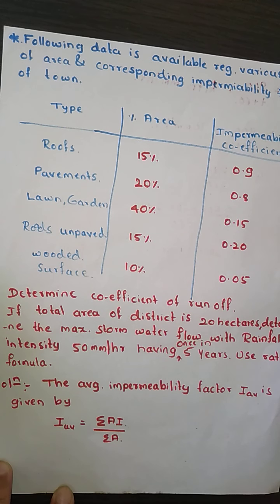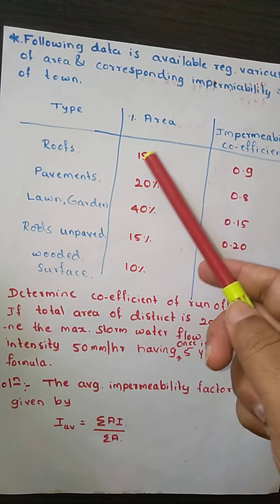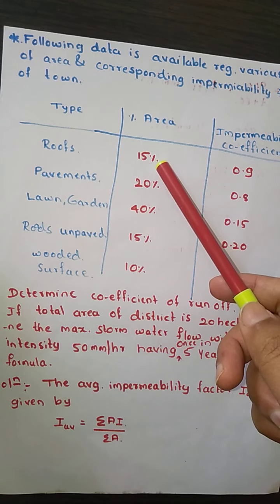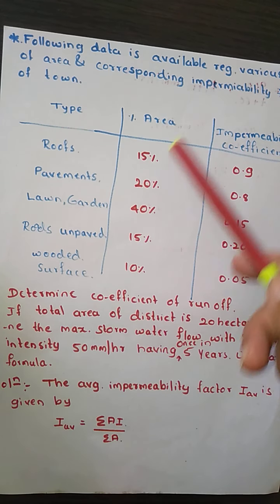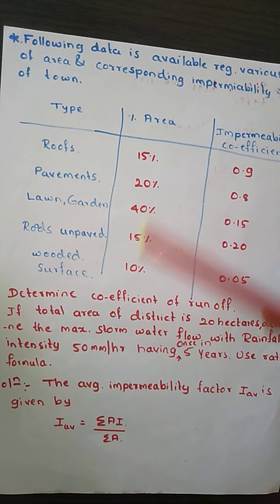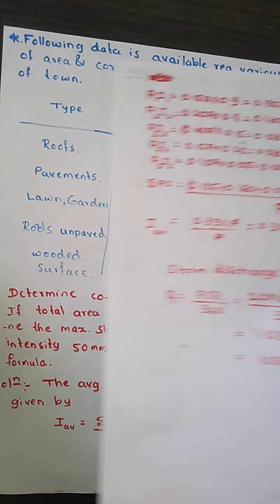Okay, what we have done is, we have just multiplied the area into the impermeability coefficient. 15% of the area, that will become 0.15a, then 20% of the area, that is equal to 0.20a. Then we have just multiplied it.